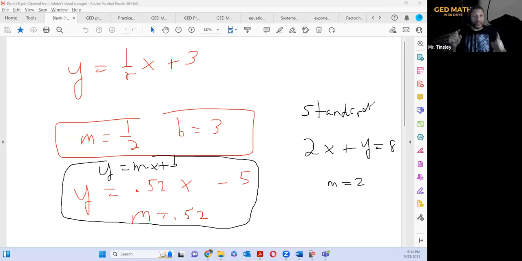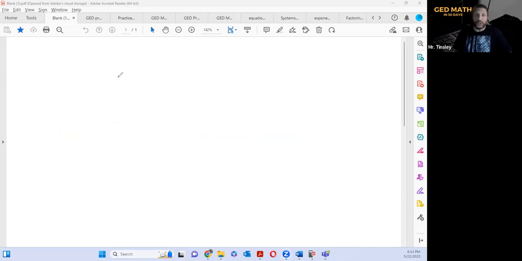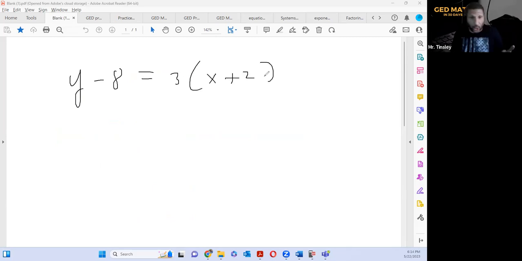So that's why it's important. That's why I put that new quiz on Schoology, where you got to identify, is this standard form? Is this slope-intercept form? Because that's what you should be doing first, identifying what that formula is. Because listen, I'm giving you 2, right? But listen, y minus 8 equals 3x plus 2. That's called point-slope form.